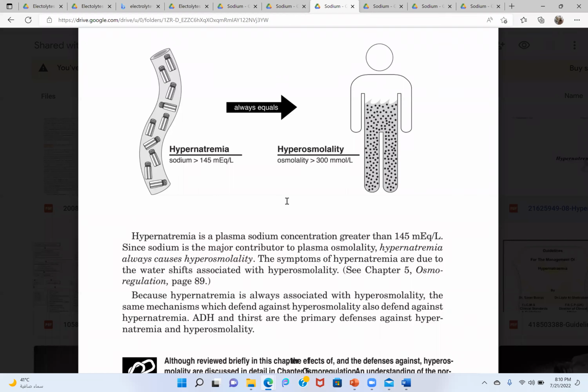The opposite to it is either absence of ADH, as in central diabetes insipidus, or nephrogenic, in which kidneys fail to respond to conserve water. It will all result in water being lost, and the concentration of sodium will become high. So this is the basic concept.